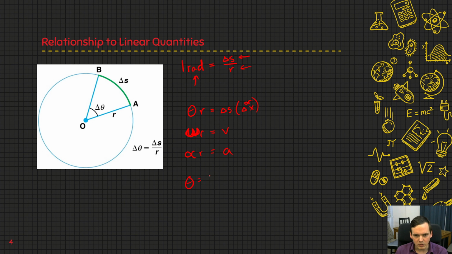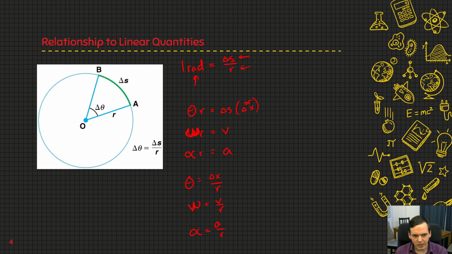Theta is equal to delta x over r. Omega is equal to v over r, and alpha is equal to a over r. And this is just, again, because of this relationship here.